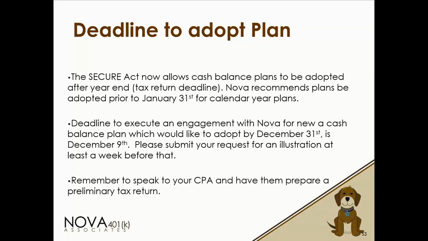And if you're considering this, especially for 2022, we would encourage you to have your CPA prepare a preliminary tax return so you can kind of gauge what sort of deduction you'd like to get as part of this.